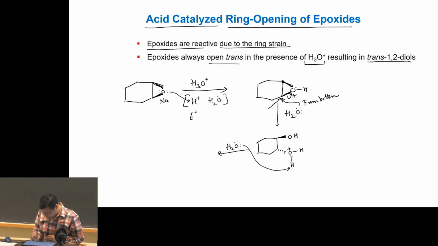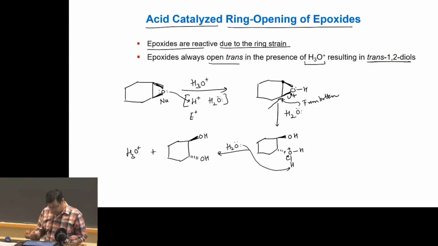Pluck that proton, give these electrons to oxygen. As a result of that, you will form the diol, trans 1,2 diol. The other product will be H3O+. So as you can see, H3O+ is generated back at the end of the reaction. That's why it is acid catalyzed ring opening, right?